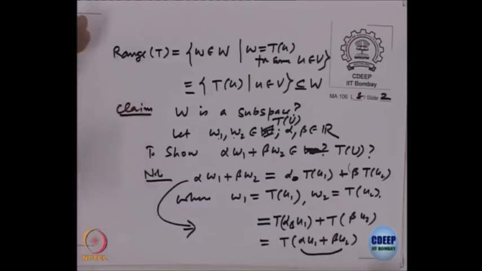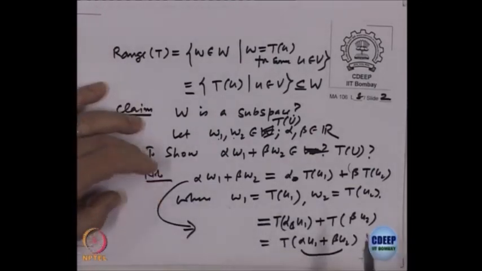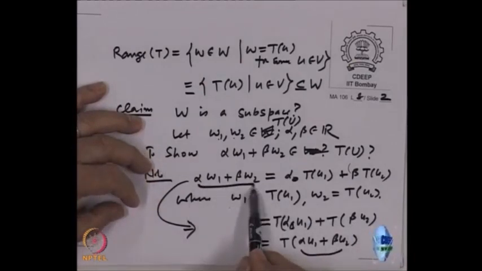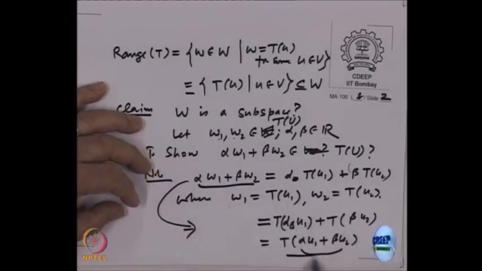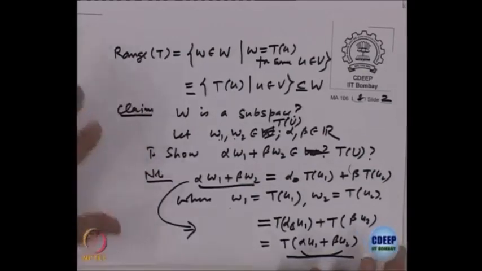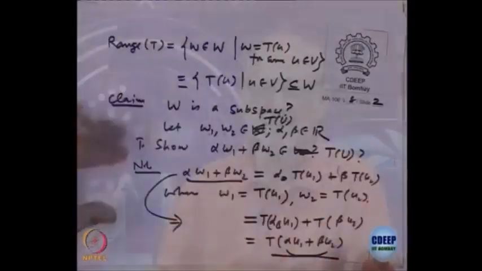But this is a new element in U, right. So, alpha W1 plus beta W2 is an image of some element, right. Using linearity, nothing more than that, we are just using what is given, bringing it inside. So, it is a subspace, right.